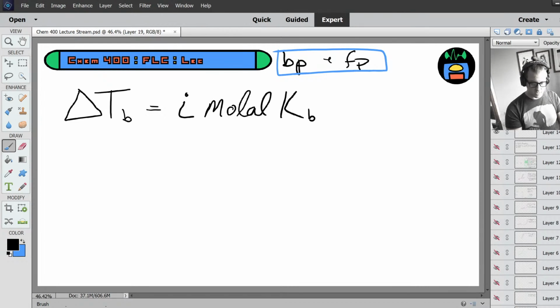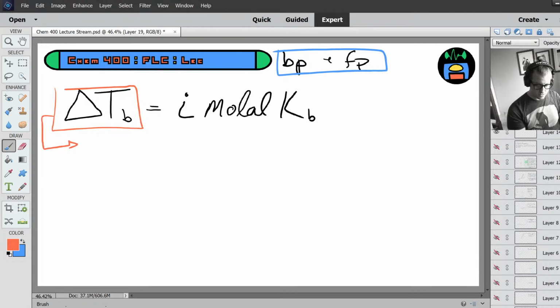All right, let's talk about what each of these are. This right here is the change in the boiling point.